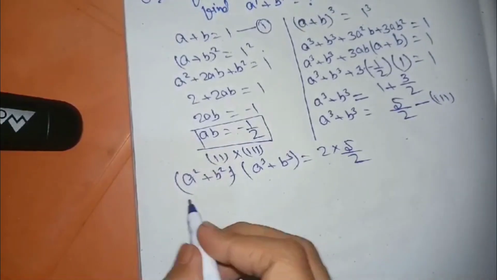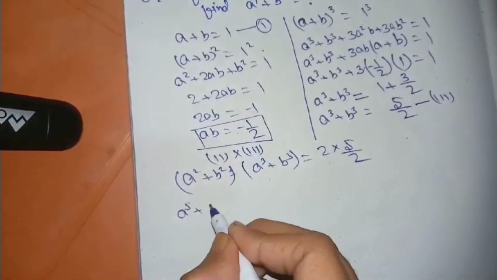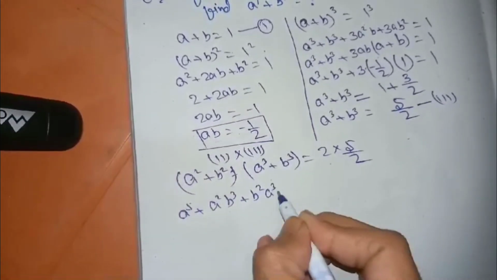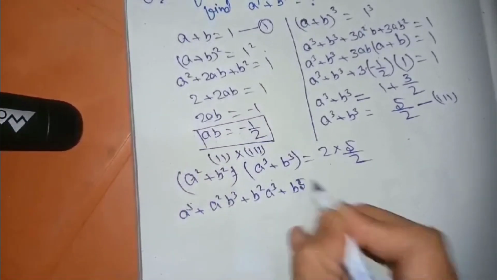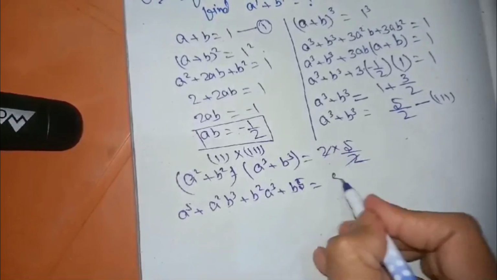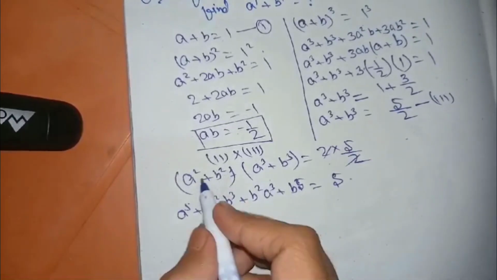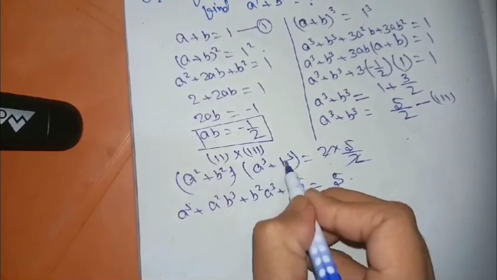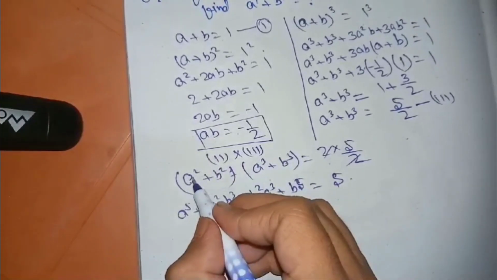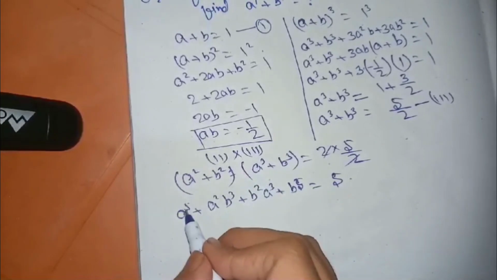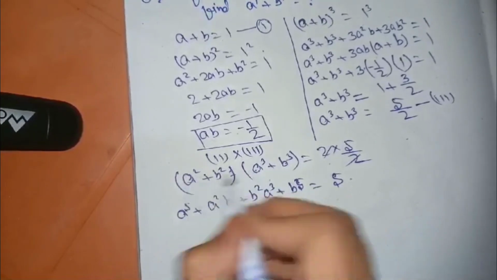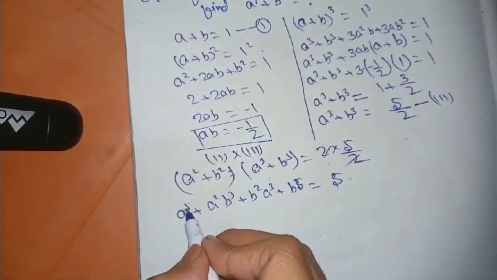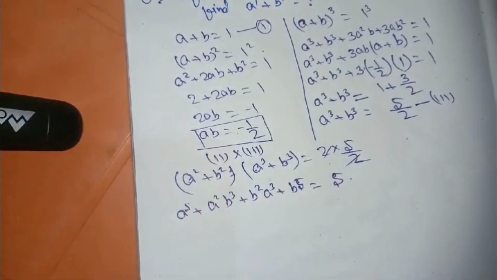Now multiply this: a to the power 5 plus a square b cube plus b square a cube plus b to the power 5 equal to 5, as the 2 is cancelled out. Do you know why these terms become this? When we multiply a square by a cube, it gives a to the power 5, since both have the same base and different powers, so the powers will be added. Similarly all the terms come.